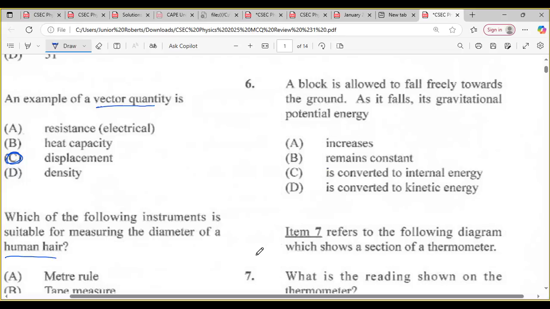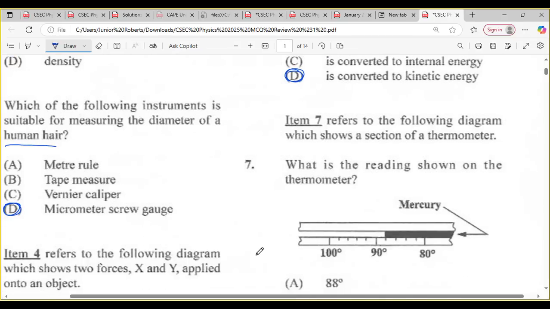So the block is going to be falling, and as it falls, it's going to increase its velocity. So the gravitational potential energy will be converted into kinetic energy. So number 6, we have to go with D.